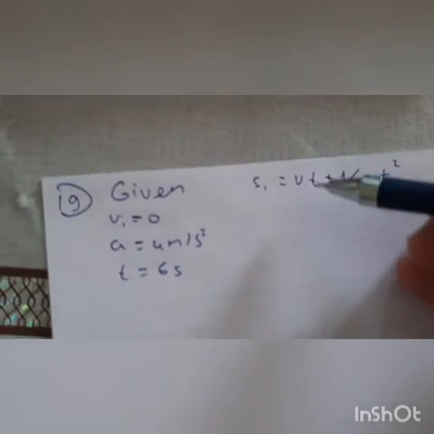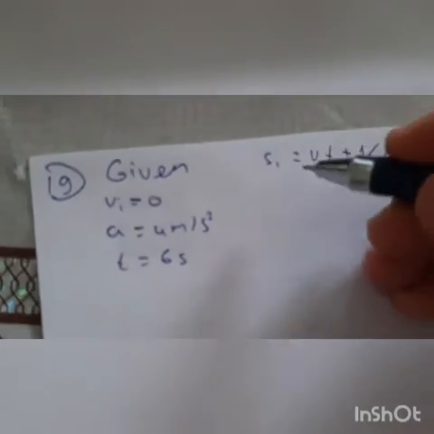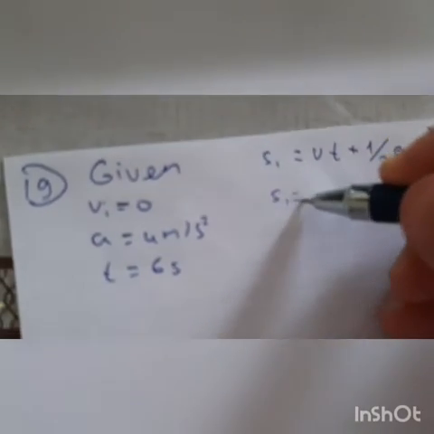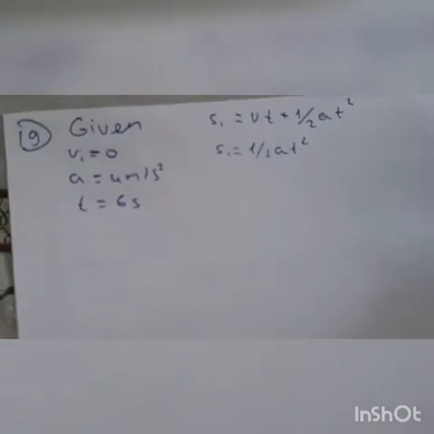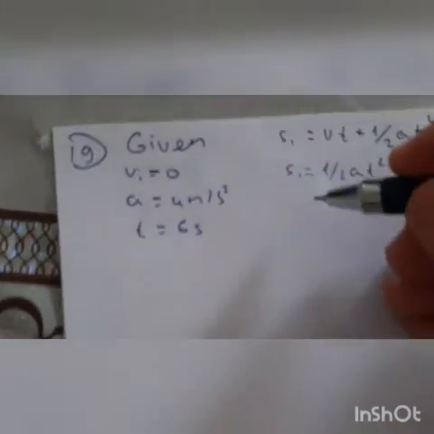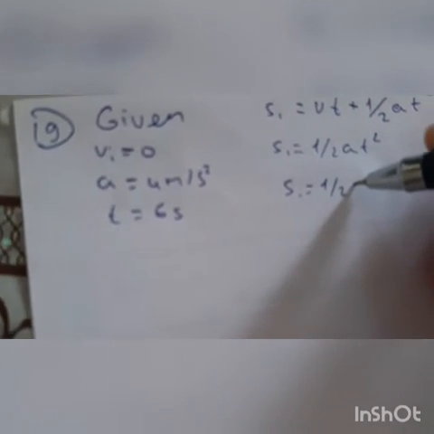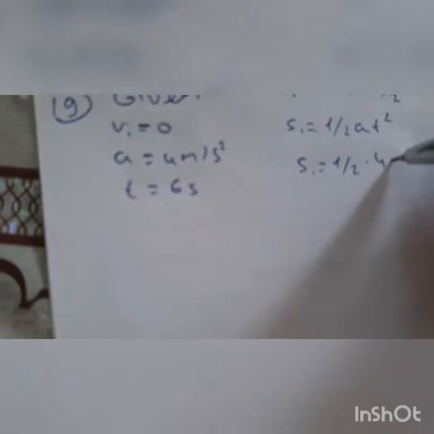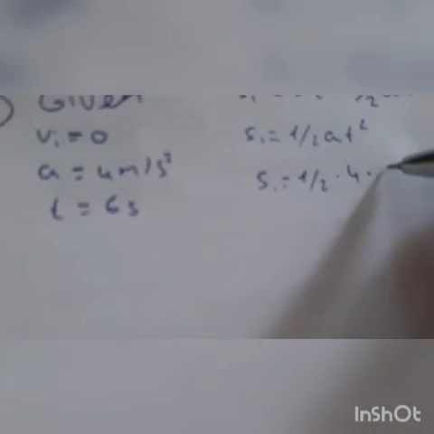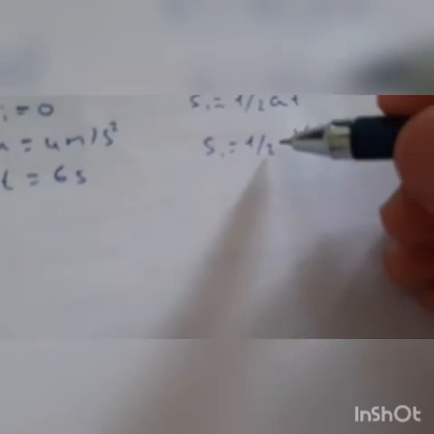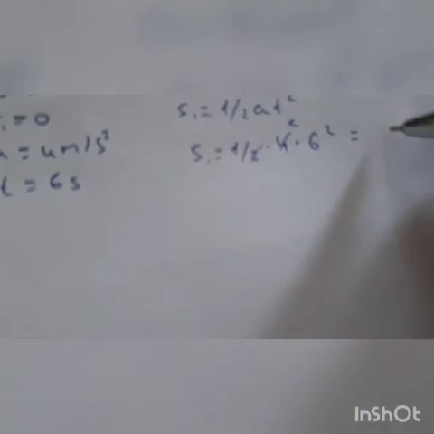Our initial velocity is 0, so the formula changes. We write acceleration is 4 and the time is 6. There we find 72 meters.